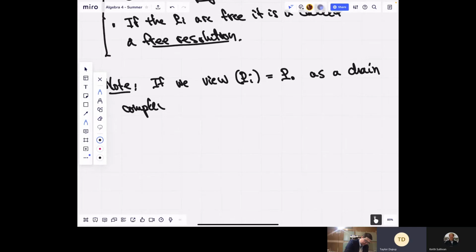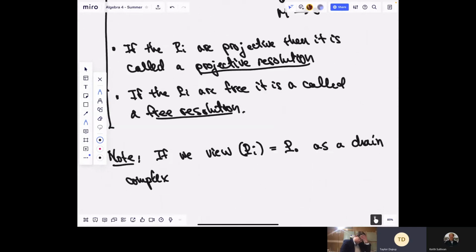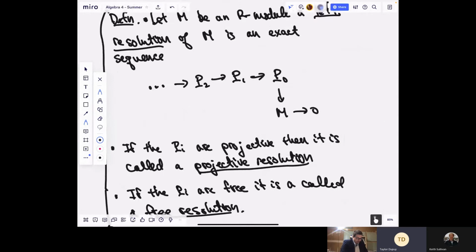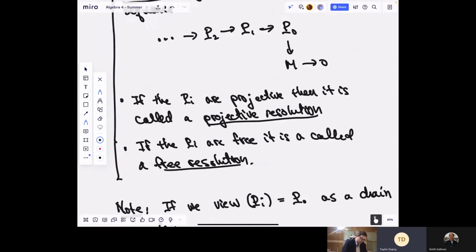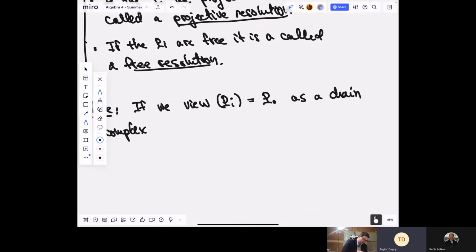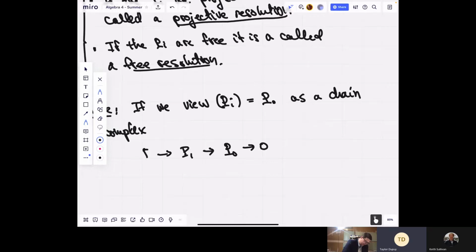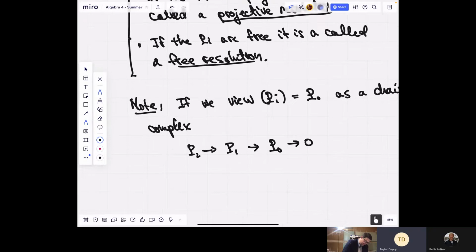So this is an exact sequence if we include this one. So I've written it a little funny, but if we view it as a chain complex, let me write it like this. So the chain complex will be like this: P0, and then we'll put 0 here, P1, P2, etc.